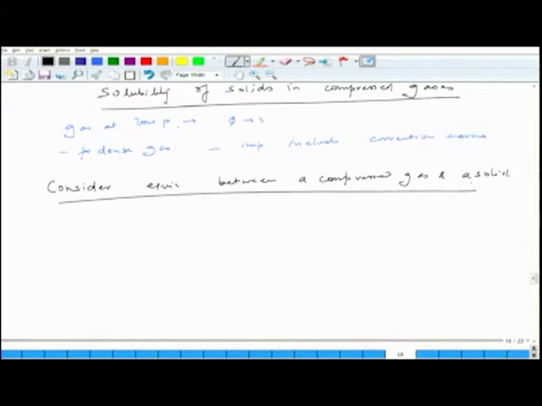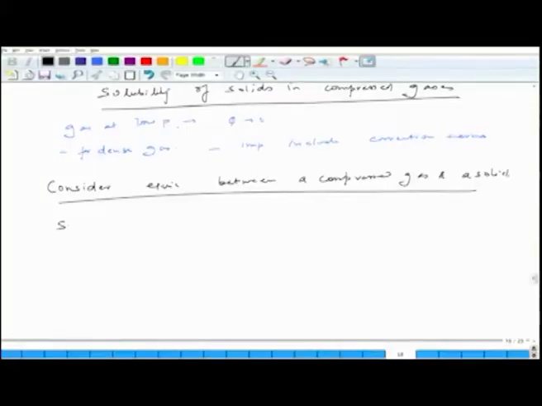Now, we are talking about a compressed gas and a solid, and the solid will not have any diffusion of the gas. So, we assume that basically the solubility of gas in solid is negligible, 0. And thus, solid is pure, right.